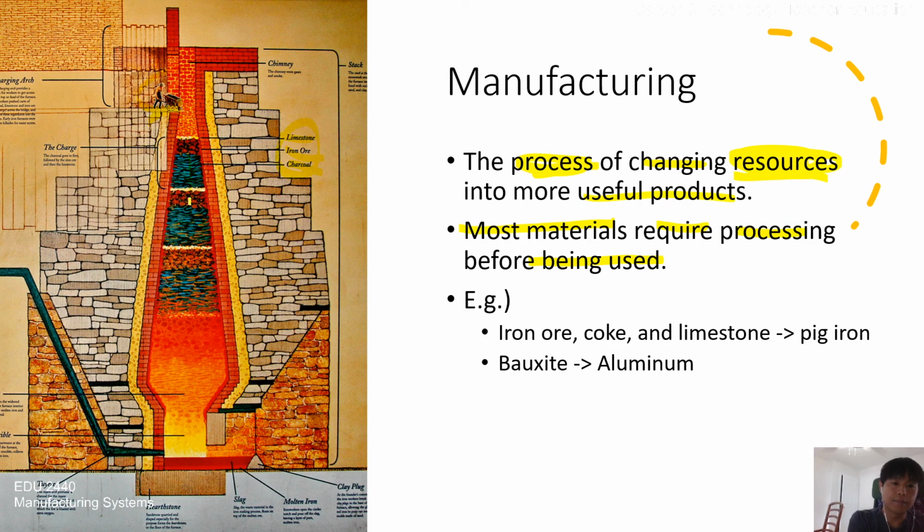That is melted and then cooled down, producing useful products such as pig iron or other materials. This is an example. Aluminum also comes from bauxite. This is an example of manufacturing, a part of manufacturing.